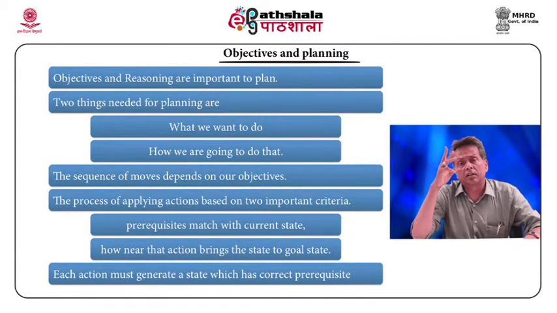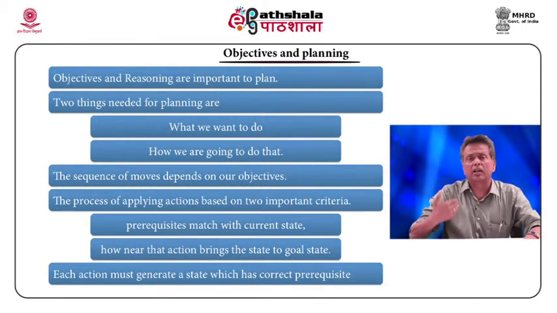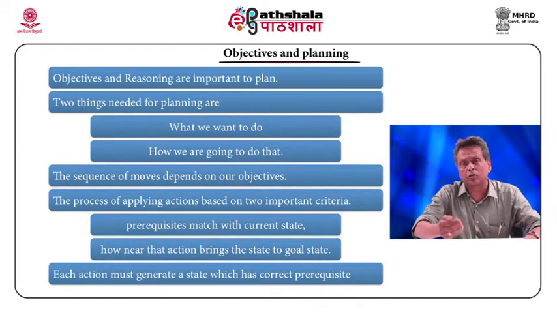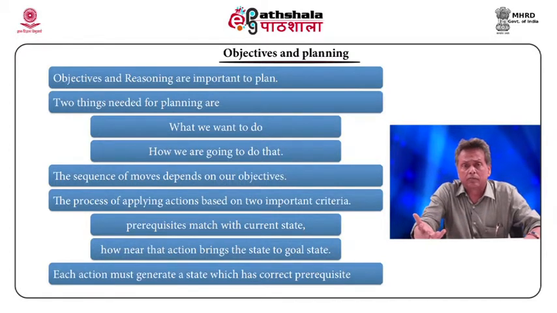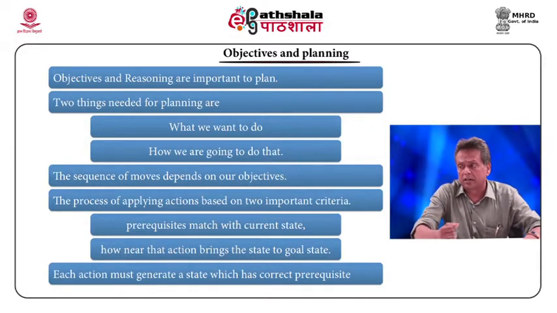In fact, the other important thing is that there may be multiple actions available to us. Obviously, the first requirement is that the prerequisite must hold, so the action must be applicable in a given state. The second thing is that the action may be acceptable, but will that action yield a goal, or will it move my state nearer to the goal state? If it does, then it is better, it is more acceptable. So this is the other thing which we are interested in learning about.